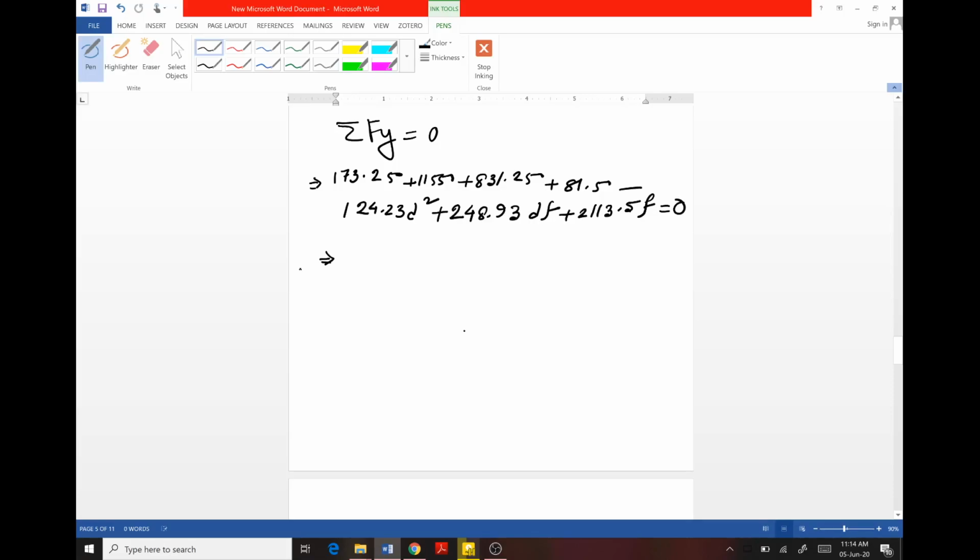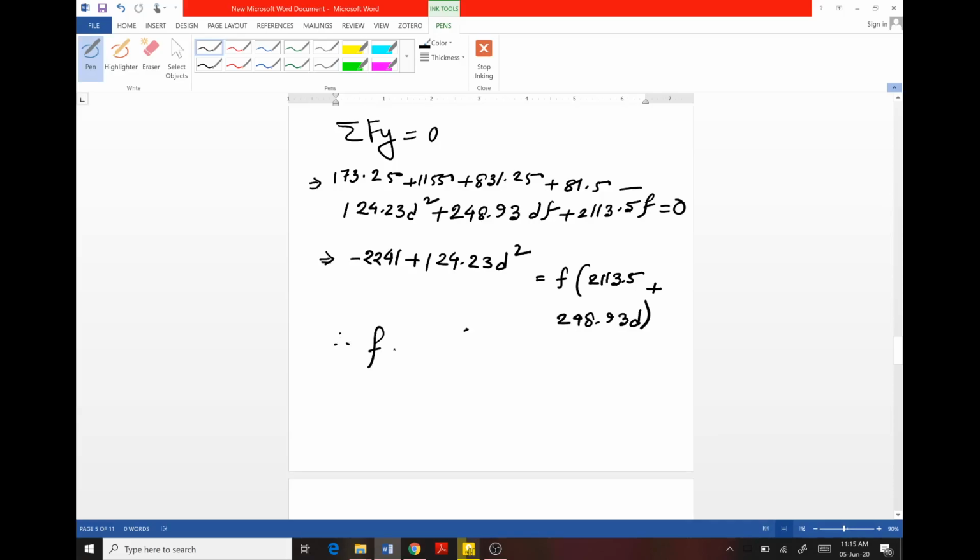Now minus 2241. After calculating this we will get an equation something like this.